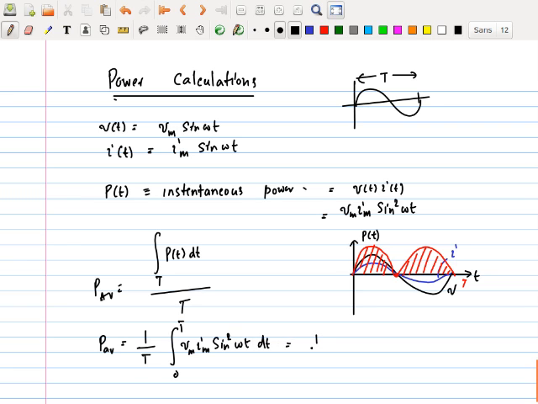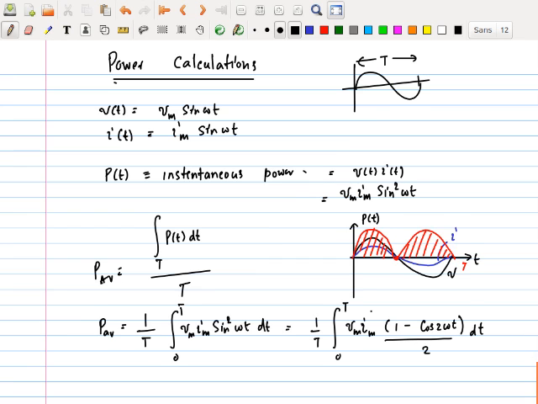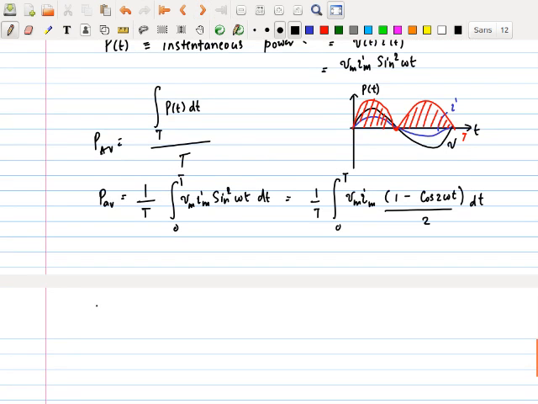This is equal to 1 over T, 0 to T, Vm Im times (1 minus cosine 2 omega t) over 2 dt, right? Remember the trigonometric identities.